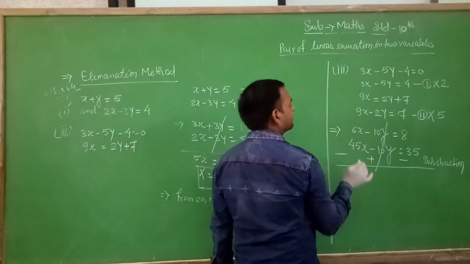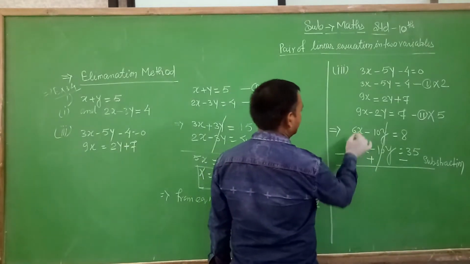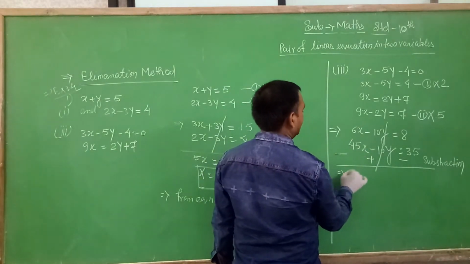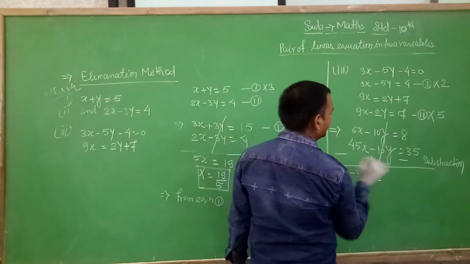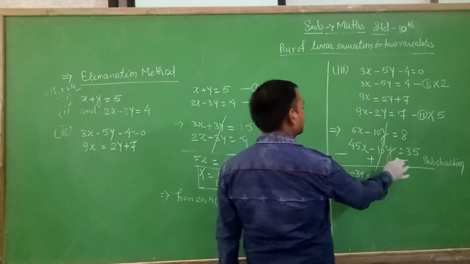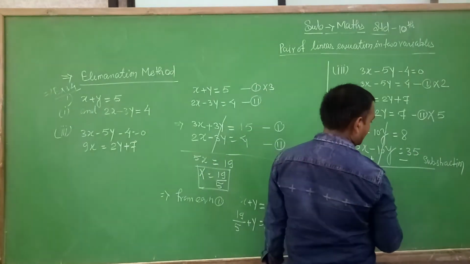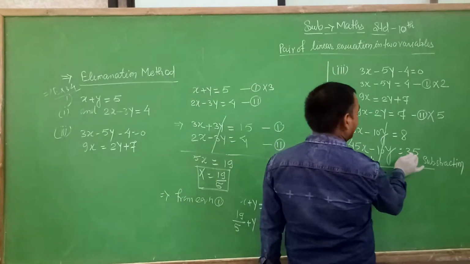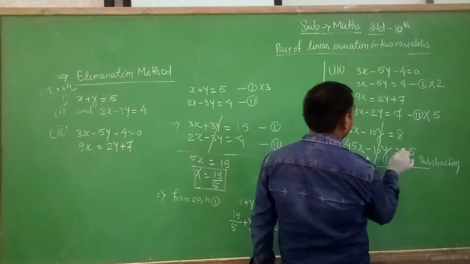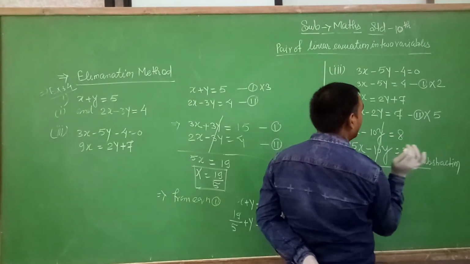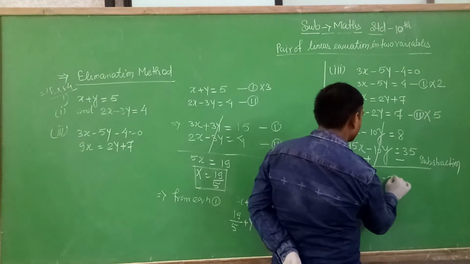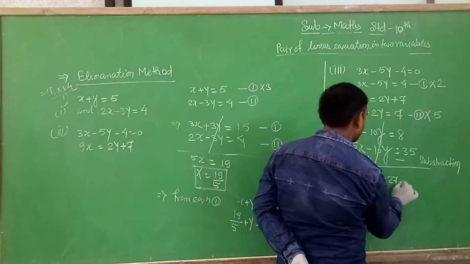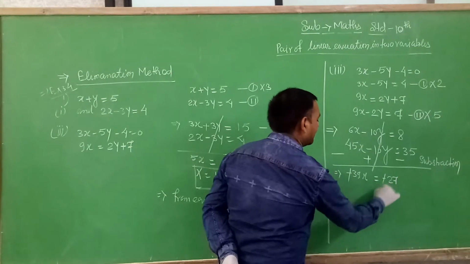So 6x minus 45x is equal to minus 39x. It is equal to, here is minus 35 and plus 8. So this is negative, this is positive. So at that situation 35 minus 8 is 27. So this is minus 27. Minus is cancelled by minus.